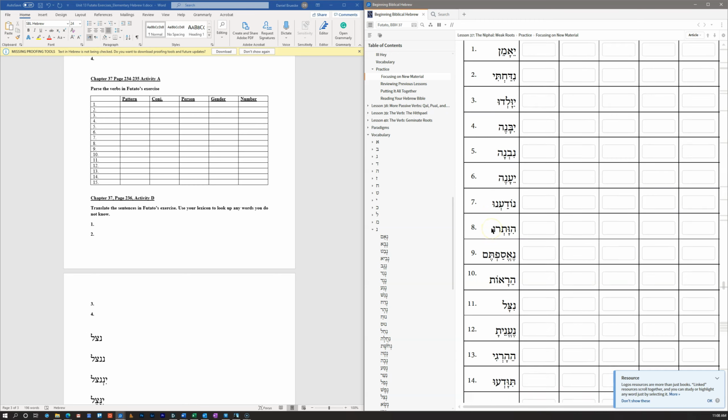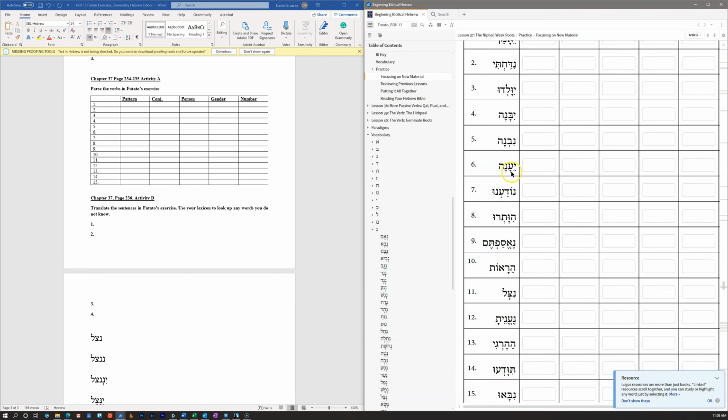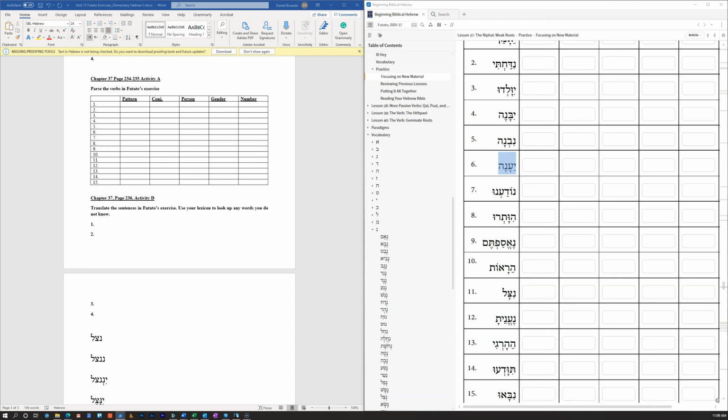All right. Number 6, we've got Yeaneh. So again, you've got that sere kametz pattern at the beginning. So my root is Ana. Ana is, I think, answer. Let me double check that. Apparently, this is very similar to the Hebrew word ostrich, which is what this actually pulled up.